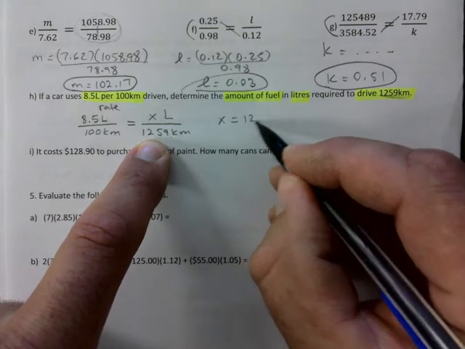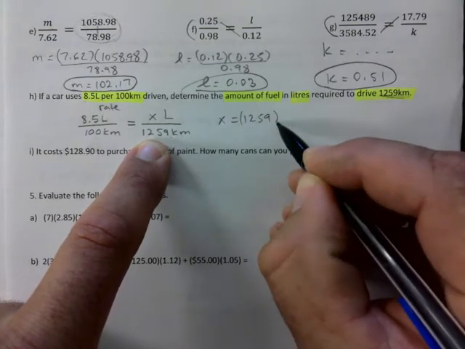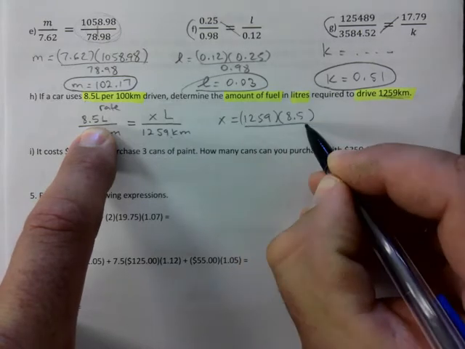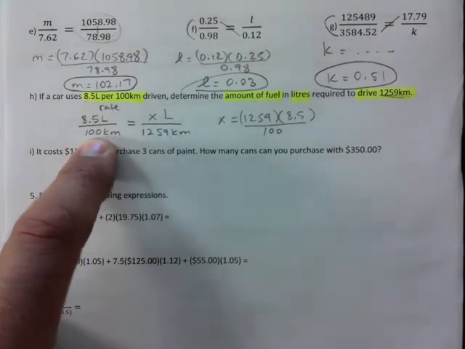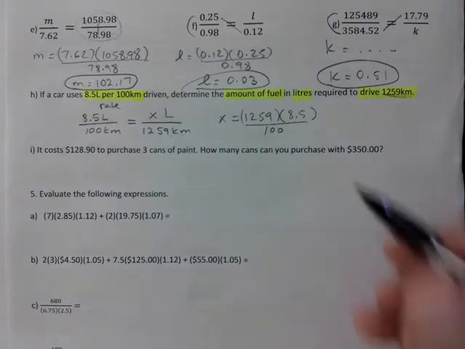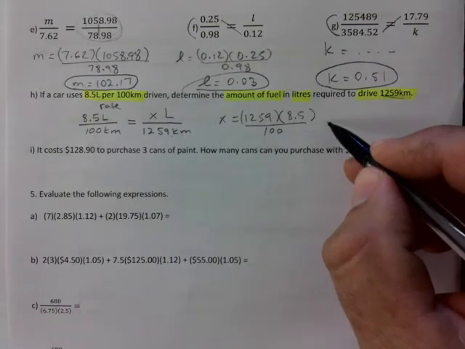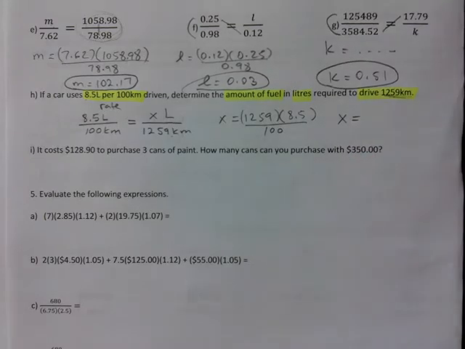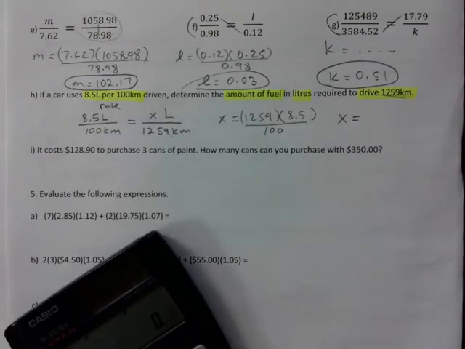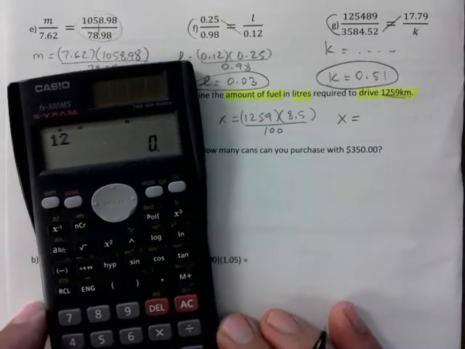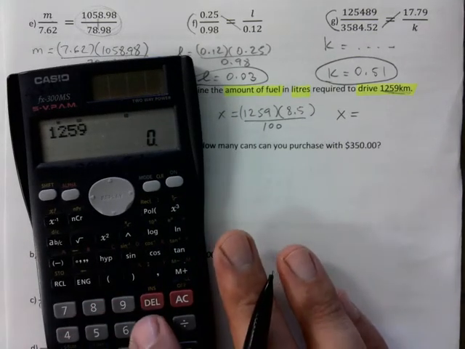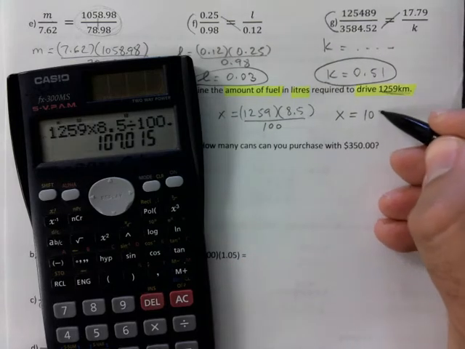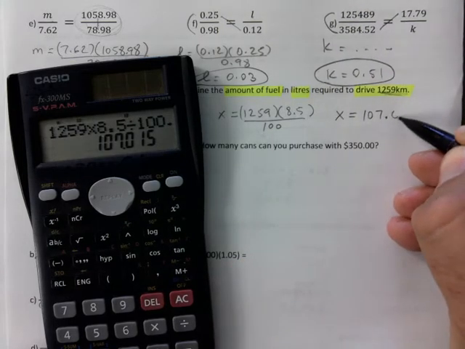So it's 1259, show the work, okay? 1259 times 8.5 divided by 100. You could go equals after this, that is okay to say, but I'm just going to go X is equal to 1259 times 8.5 divided by 100. That's 107.02.